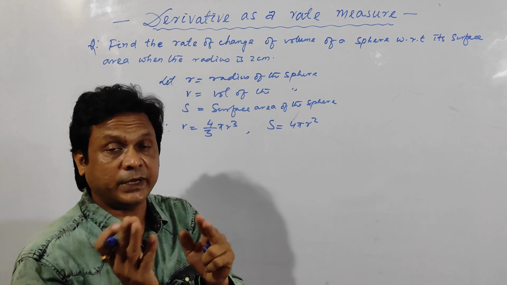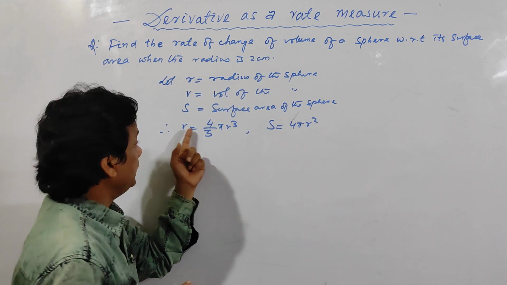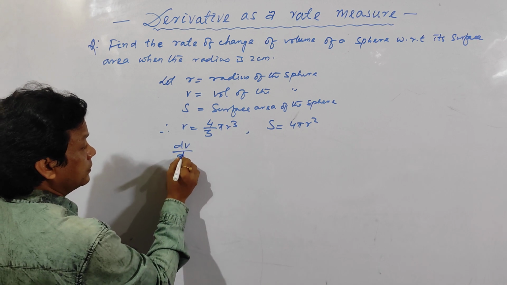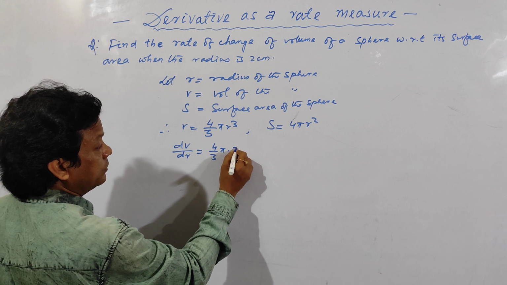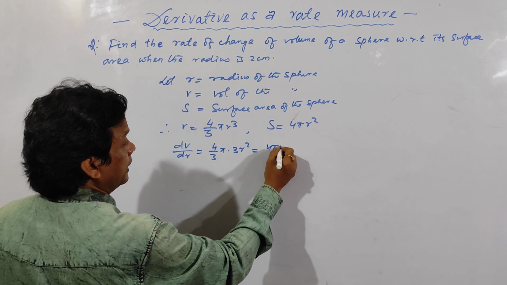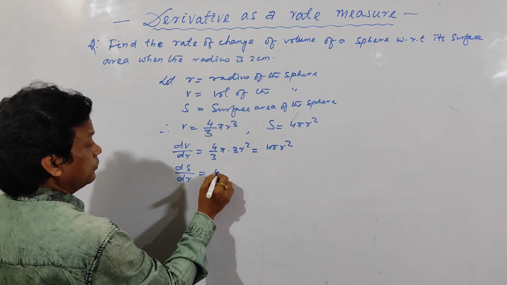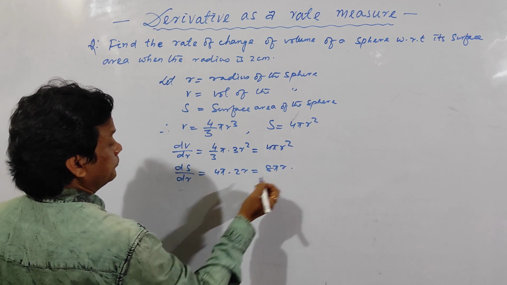x is equal to f of t, y is equal to g of t. x and y depend upon t. Here, V and S depend upon r. So, dV by dr is 4 by 3 pi, and the derivative is 3r square, and the 3 cancels out, so 4 pi r square. And similarly dS by dr, 4 pi is a constant and it is 2r, so 8 pi r.